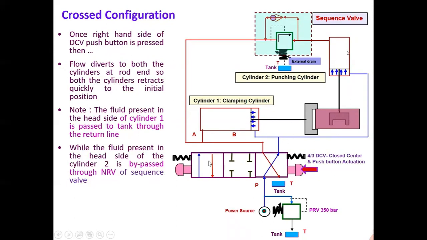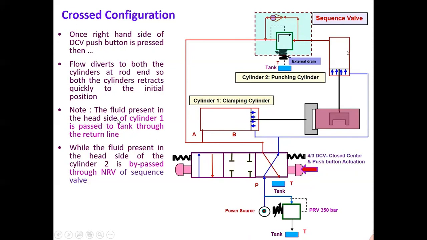So see here at the cross connection, I apply the pressure and flow diverts to both cylinders at the rod end, so both cylinders retract quickly to the initial position. Oil flows on both sides, therefore both cylinders retract to the initial position.